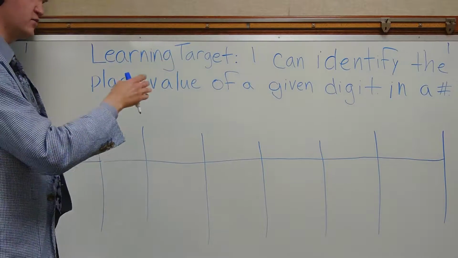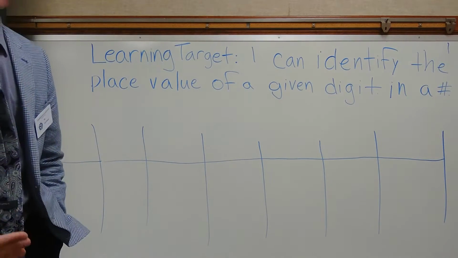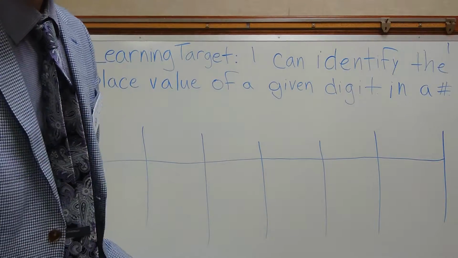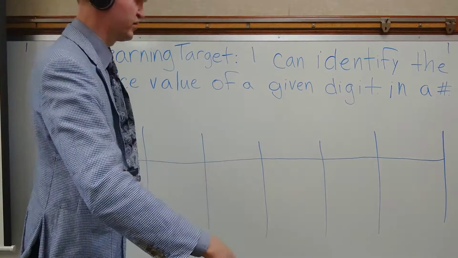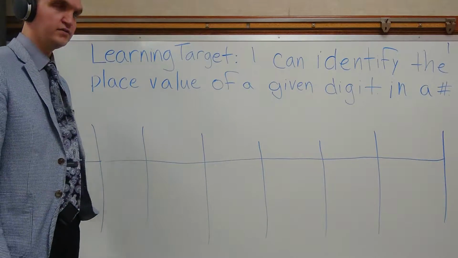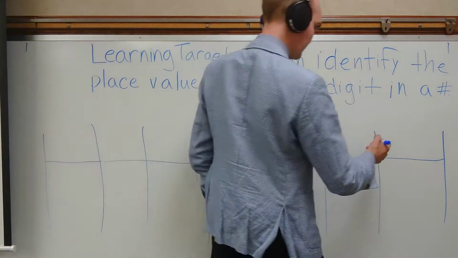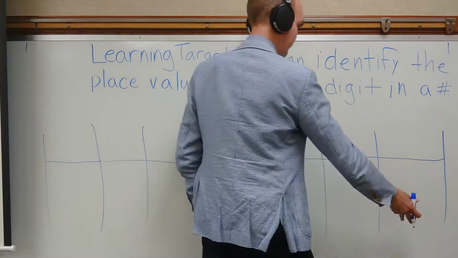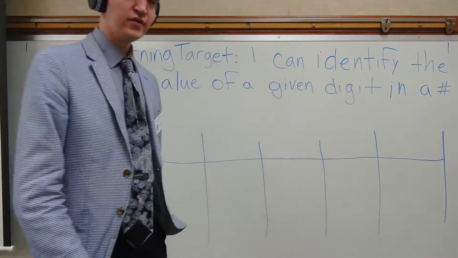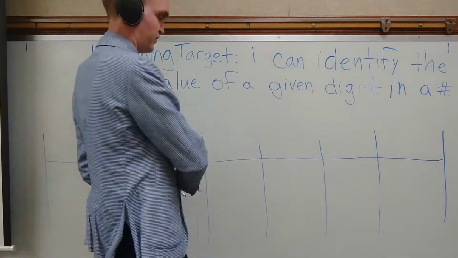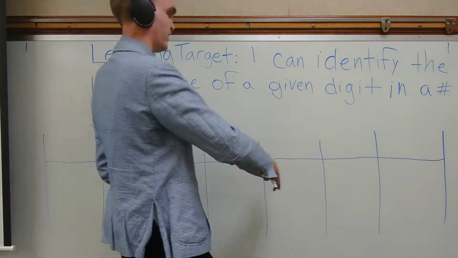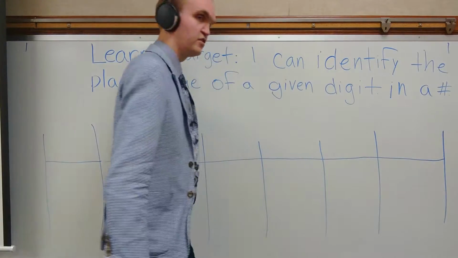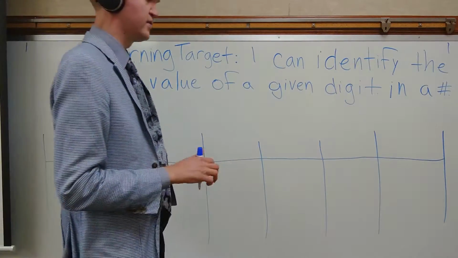What does each of these represent when I'm talking about a number? A number is going to have one digit in some or all of these place values. So let's take a look here. This first digit, whenever I write a number, the digit that's the farthest to the right, all the way on the right, is going to be the ones place.